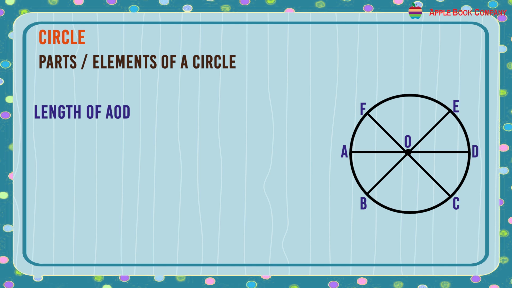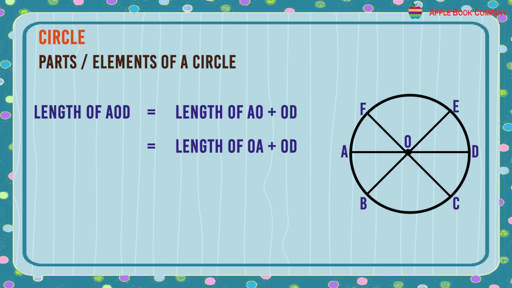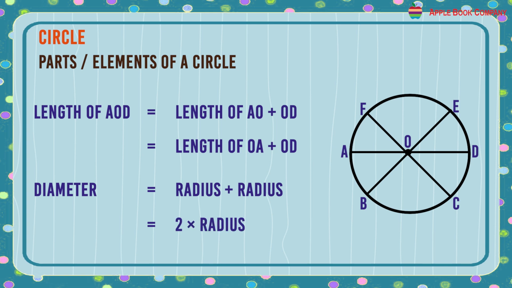Length of AOD equals length of AO plus OD equals length of OA plus OD. Diameter equals radius plus radius equals 2 into radius. Each diameter is twice the radius of the circle.